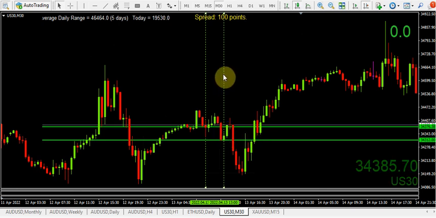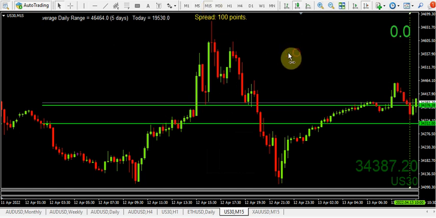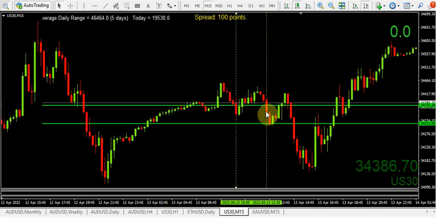So then what I would do is go on to the lower time frames and use them for my entry. So this here, had that been a smaller M30 candle, this would have been a brilliant trade, because on the higher time frames this has been beaten.